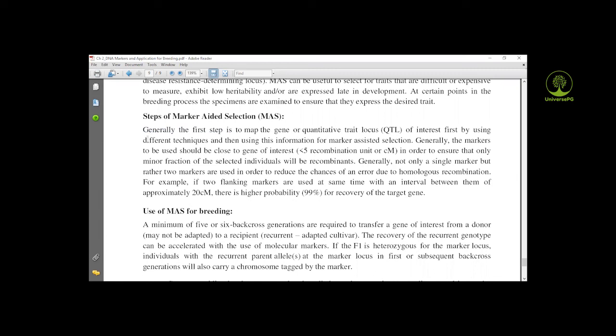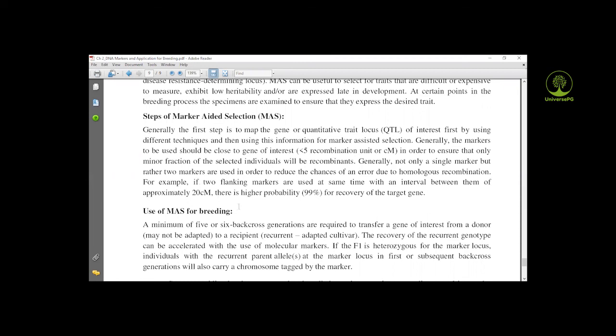for marker assisted selection. Generally, the markers used need to be close to the gene of interest, in order to ensure that only minor fractions of the selected individuals will be recombinants. Generally, not only a single marker but two markers are used in order to reduce the chances of errors due to homologous recombination.